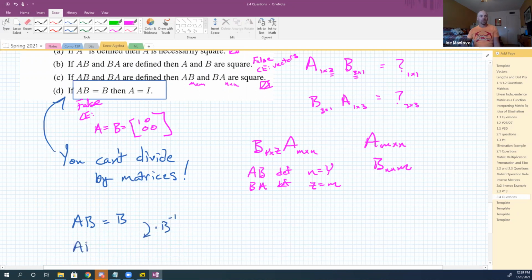So that would give me B times B inverse is B times B inverse. You guys see that? So if B is invertible, you guys with me on that?